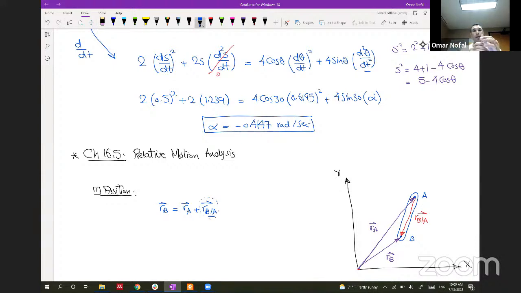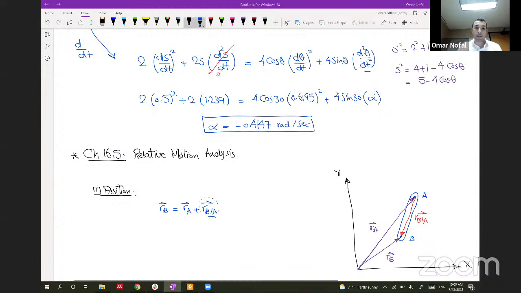So let's talk about this pen first. If it's making translation, it will keep moving, and the relative velocity of B with respect to A is not changing. It is not changing in magnitude. It's the same, and it doesn't change in direction. So it doesn't turn this way or that way.